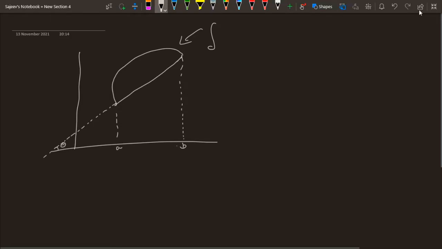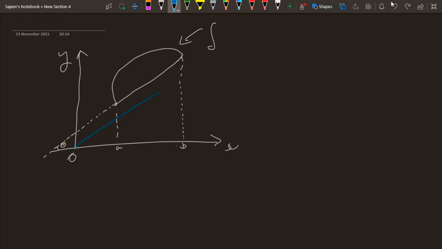Now if I rotate my axes, so this is my x-axis, this is the y-axis, about the origin by an angle of theta, we have a new pair of axes, the blue axes, let me call them y dash and x dash. So this angle is theta.